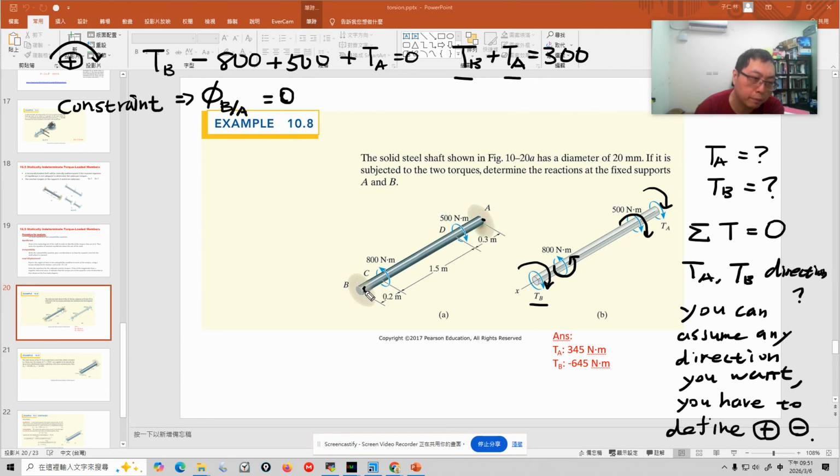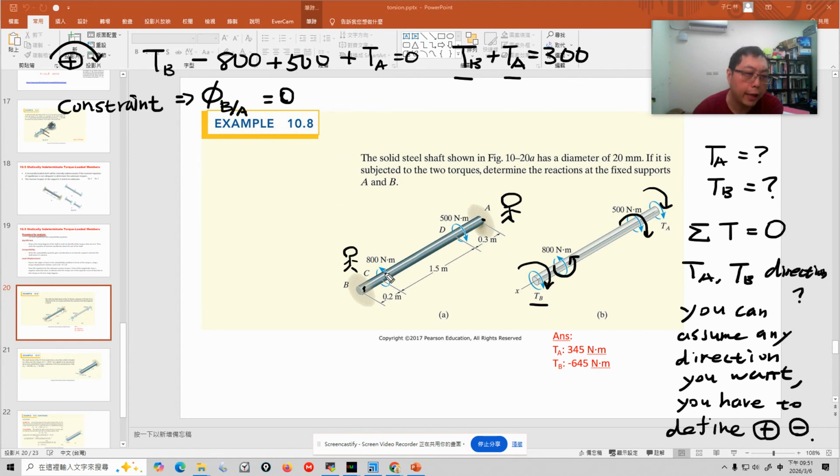No matter whether you stand at point B and look at the angle of twist of A, or stand at A and look at the angle of twist of B, it must be 0, because the wall is so rigid. That is the constraint of the system.